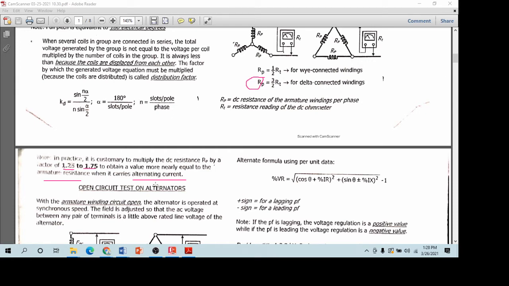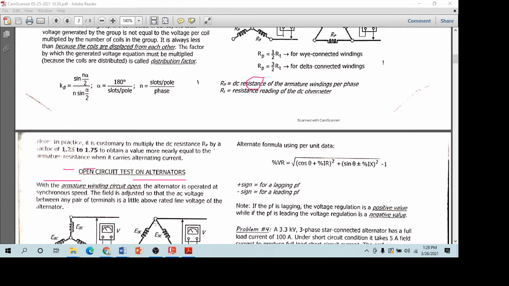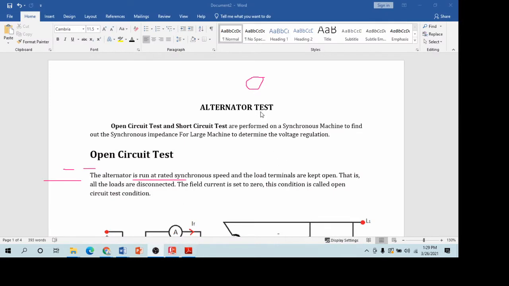The second type of test on the alternator is the open circuit test and short circuit test.